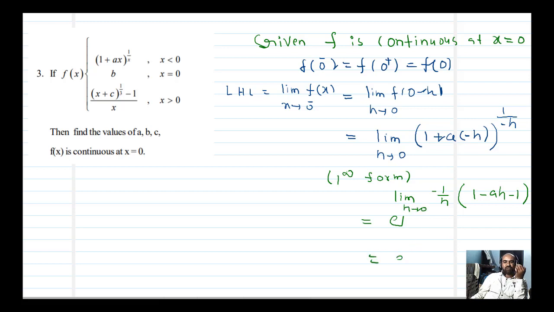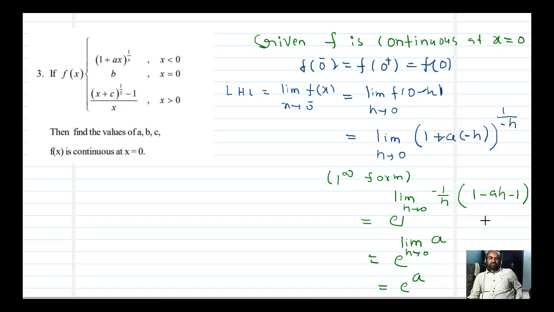Here 1 gets cancelled, minus h plus h gets cancelled, you will get a, h is tending to 0, that is directly what I can say e power a. So, LHL what I got is e power a. Observe here h gets cancelled, e power a.